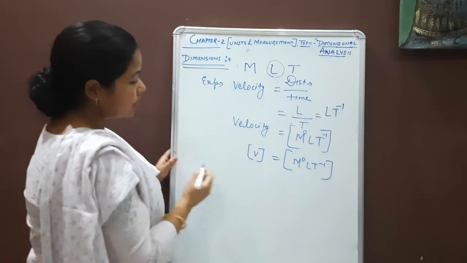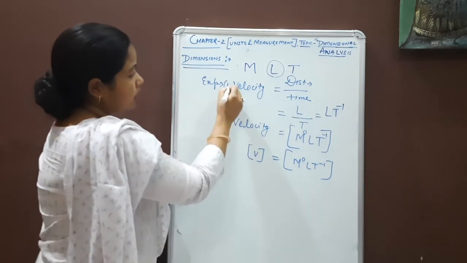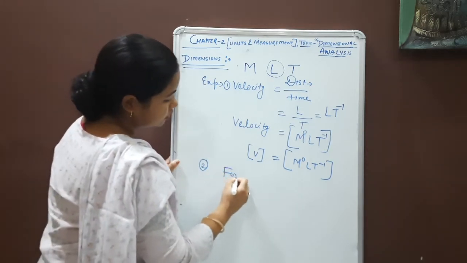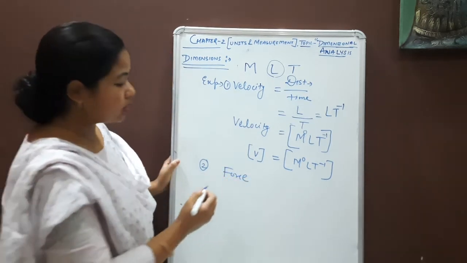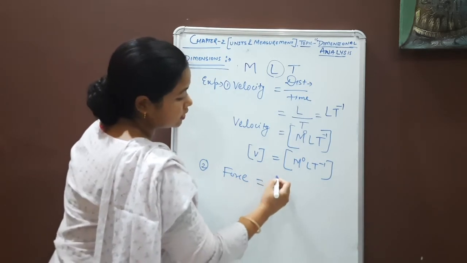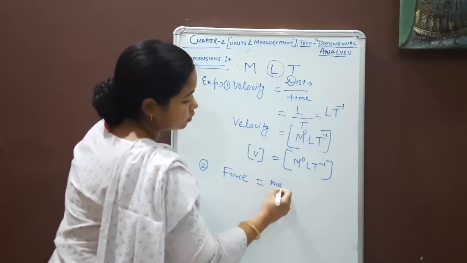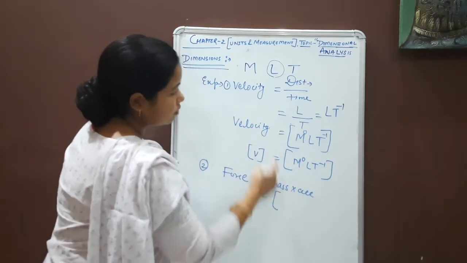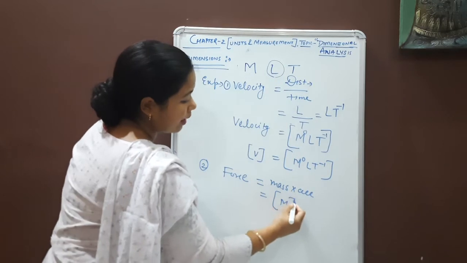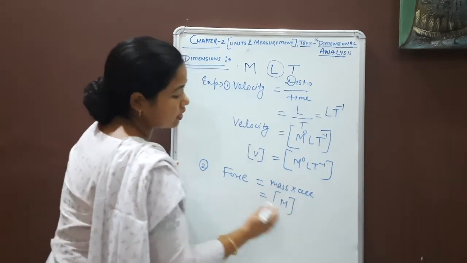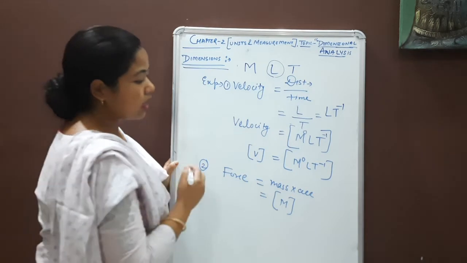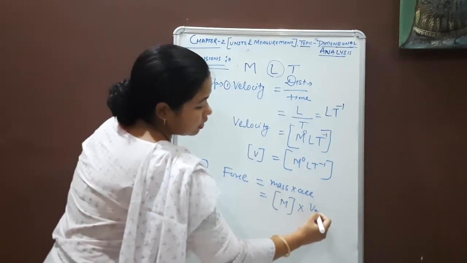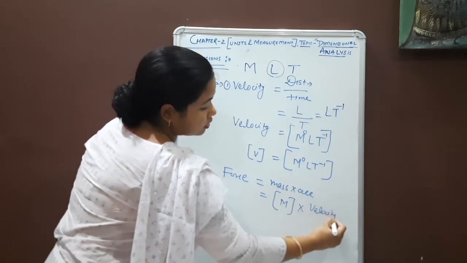Now some other example, like force. If we write the dimensional formula for force, force is represented as mass into acceleration. For mass, we use capital M, and acceleration is represented as velocity upon time.